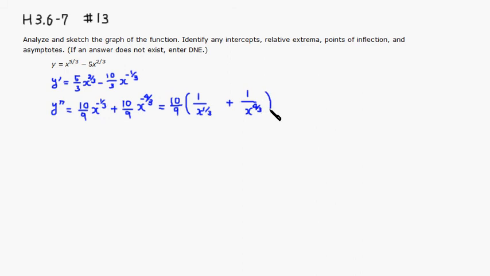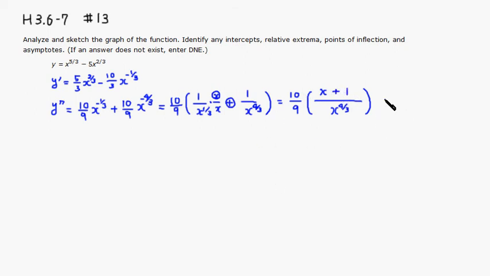Right? To get the common denominator, I'm going to multiply top and bottom by x and x. That way we can write it as 10 over 9, and on the bottom you will have x to the 4/3 power, then you have x from here, and a plus 1.